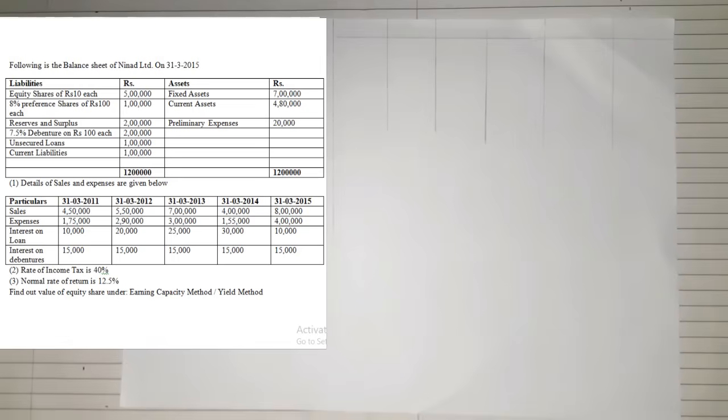Under liabilities, they are given preference shares. There are debentures and assets have been given to us. After that, they are giving you details of sales, expenses and interest for the last 5 years ended. We have sales and expenses, interest on loan, interest on debenture. Remember, interest on loan, interest on debenture and expenses, they all are expenses.